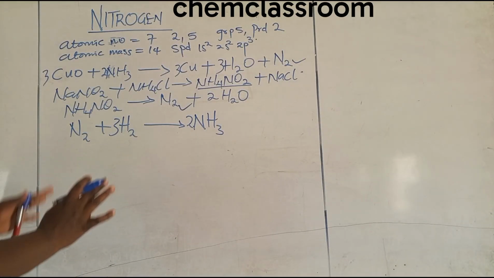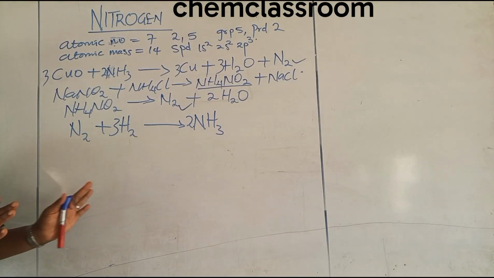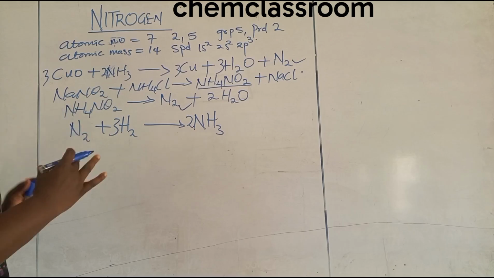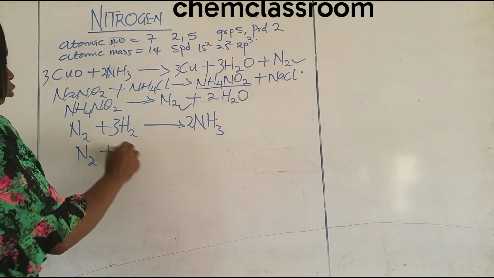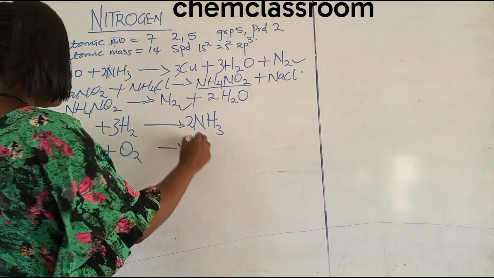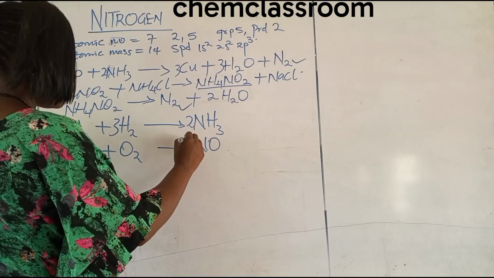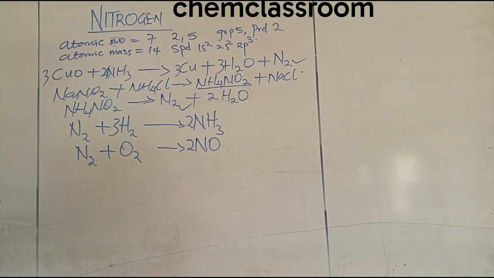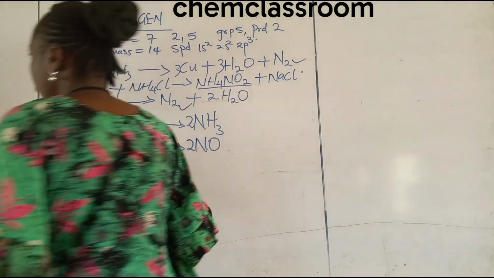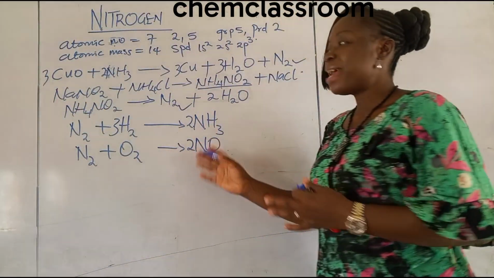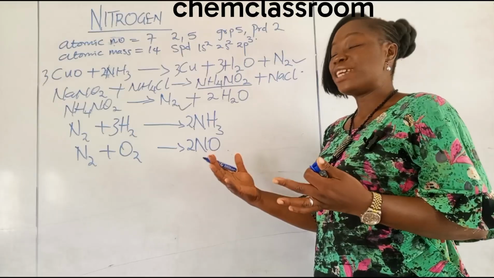So we'll find a way to balance, 3 here, 2 here. Okay, that's been done. Then we also have the reaction of nitrogen with oxygen. Yes, nitrogen plus O2 to give us nitrogen 2 oxide. Okay, then we also have the reaction of our nitrogen with metals to form nitrides.